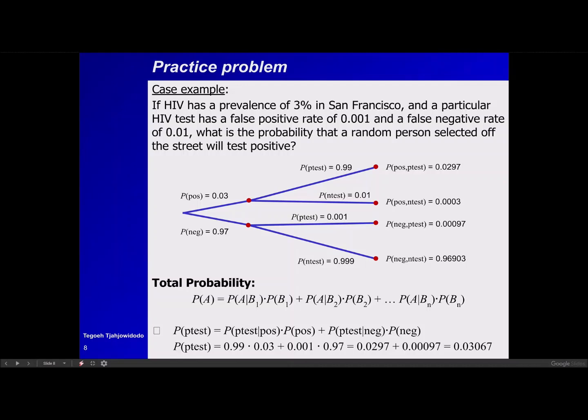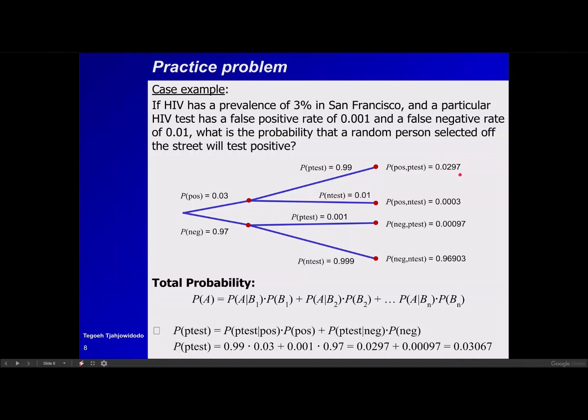In that case, the probability of having a negative test for a positive HIV patient will be equal to 0.03 times 0.01, which is 0.0003, as well as the probability of having a positive test for a positive patient, which will be equal to 0.03 times 0.99, which is 0.0297.